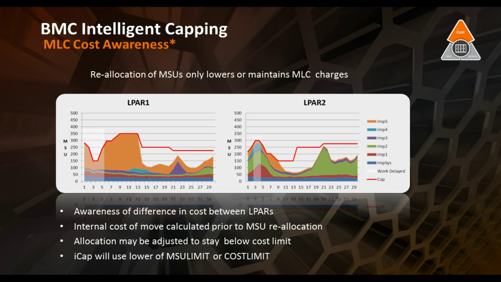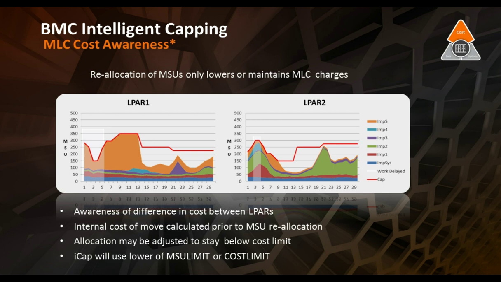However, ICAP is aware of that from a cost perspective. ICAP understands the cost of running a subsystem on a particular LPAR. So there's a cost awareness feature within ICAP. That cost awareness tells ICAP that I can't allow certain LPARs to exceed a certain MSU limit because of the costs associated with the subsystems running in that environment.